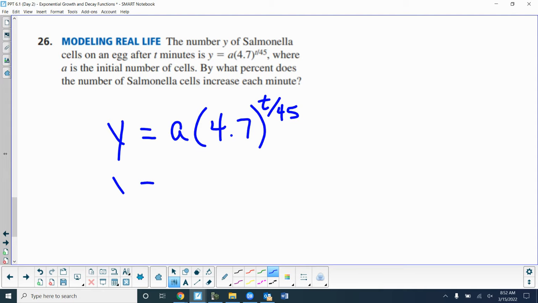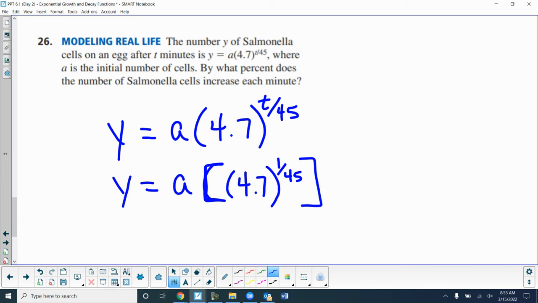So, a better way to do this is break that fraction up as 1/45th and then to the T. All right? So changing that 4.7.